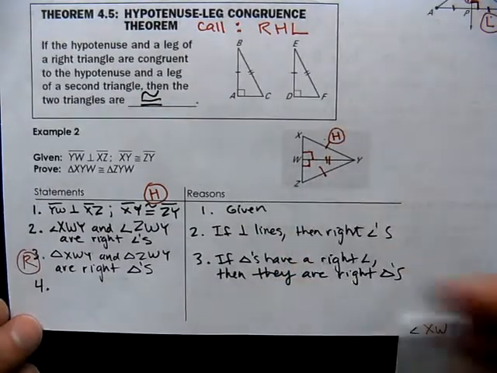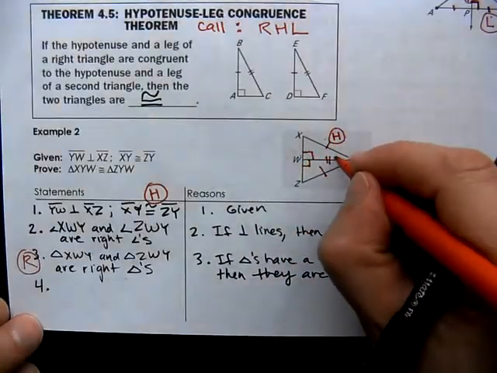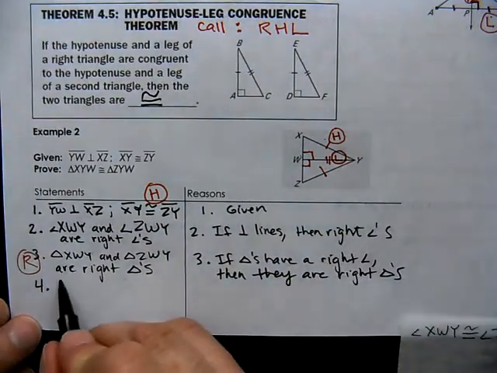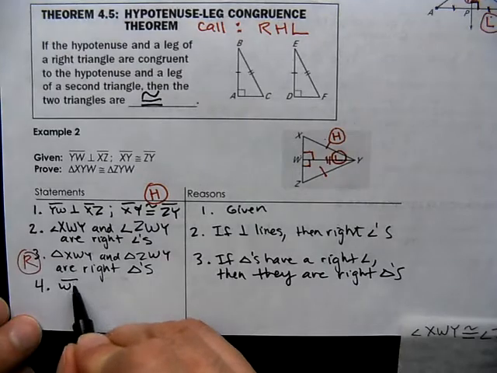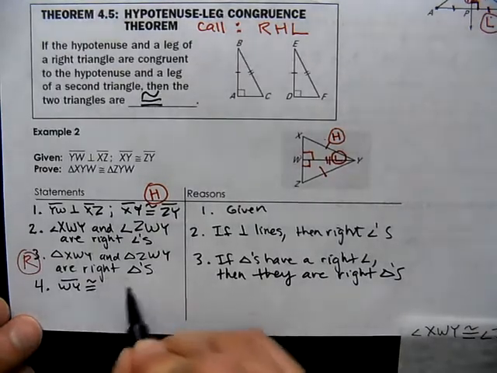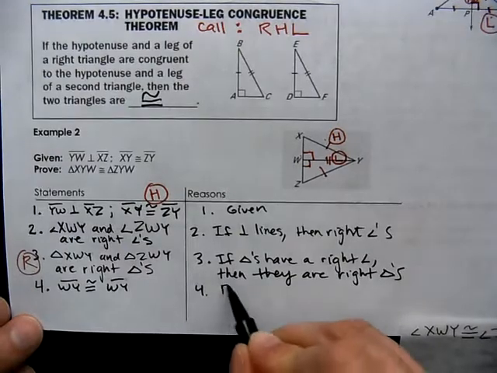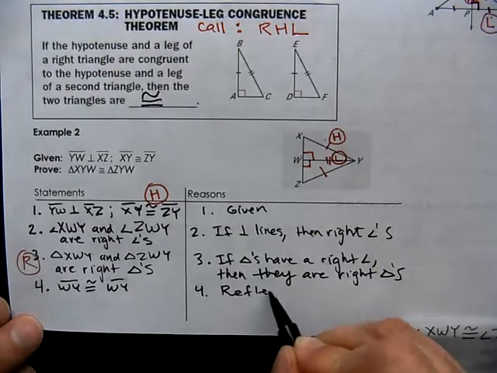That'll be the shared side. So from W to Y, that's the leg of the right triangle. So we can say segment WY is congruent to itself. That's our reflexive property of congruency.